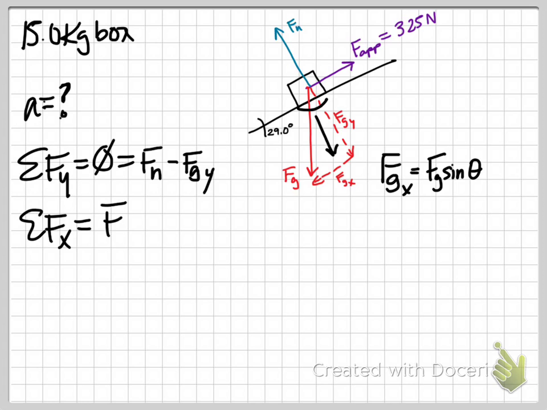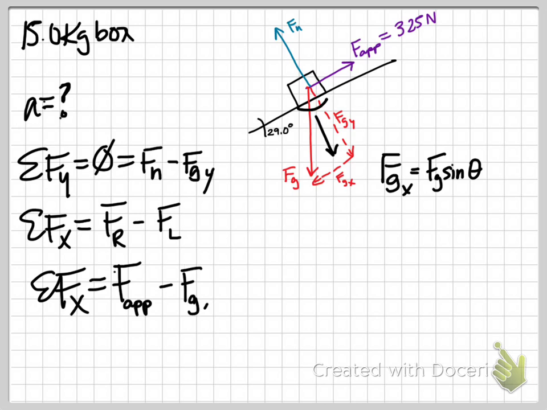So all the forces, and here, you know, we can say right, left, whatever. All the forces right minus all the forces left. We only have one force being applied to the right. Sum of forces x also, therefore, is the applied force minus force of gravity on the x.